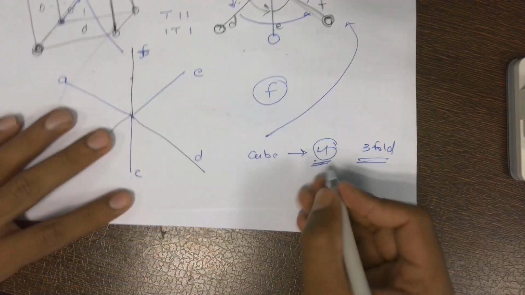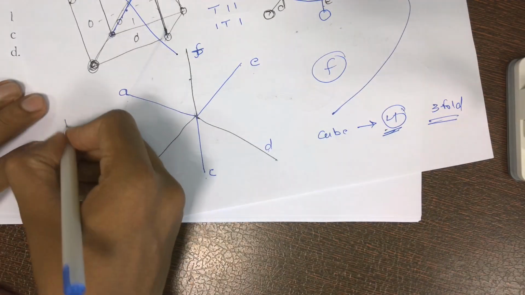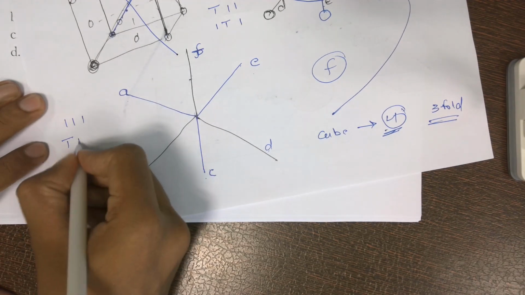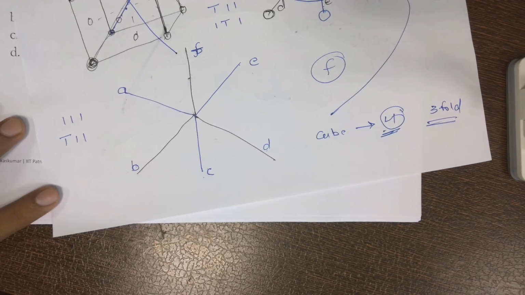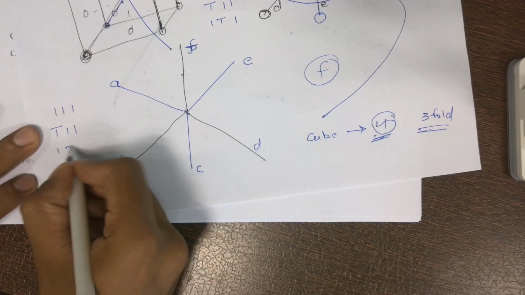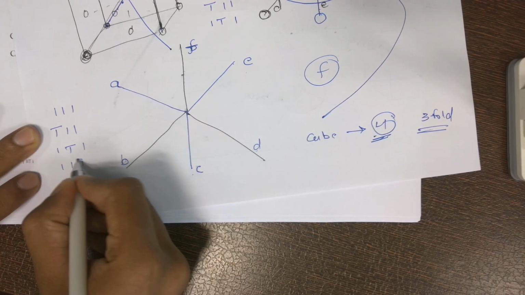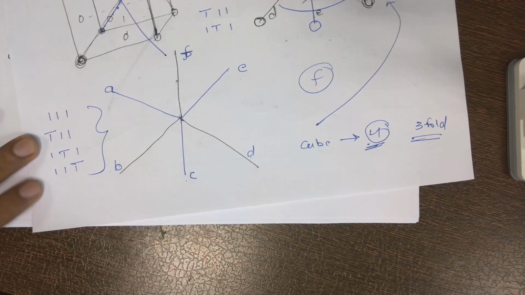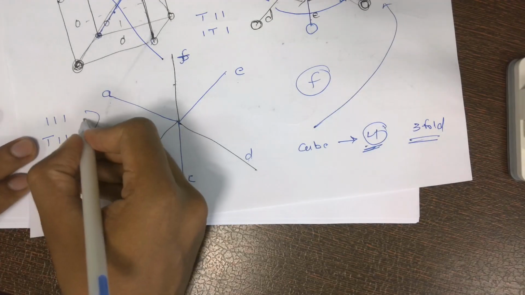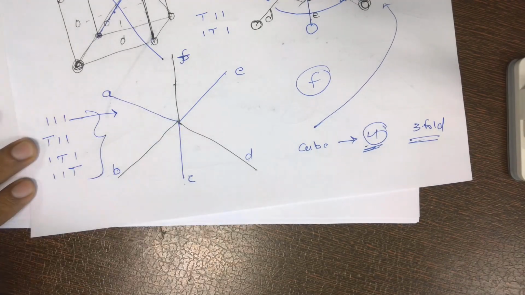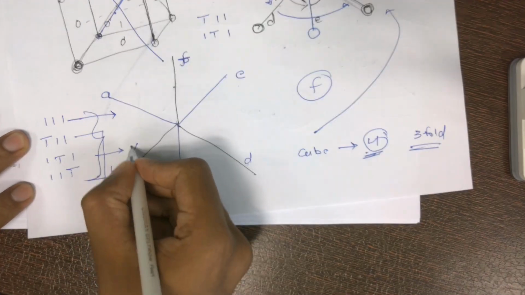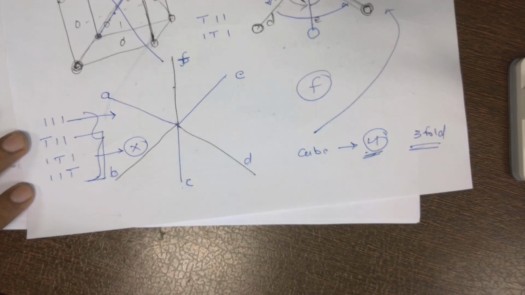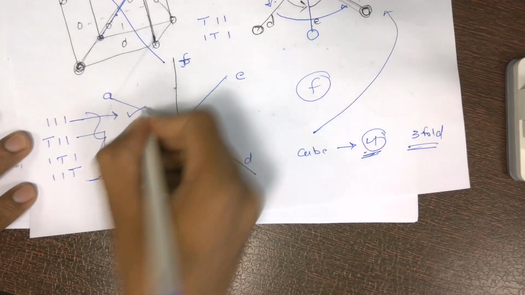We told that here the cube has four threefolds, right? 1 bar 1 and 1 1, so these 4 will be there. Let's say I am stretching my cube along this particular direction. What will happen? All the remaining will get disturbed. They will no longer have a threefold. Only this one will have threefold.